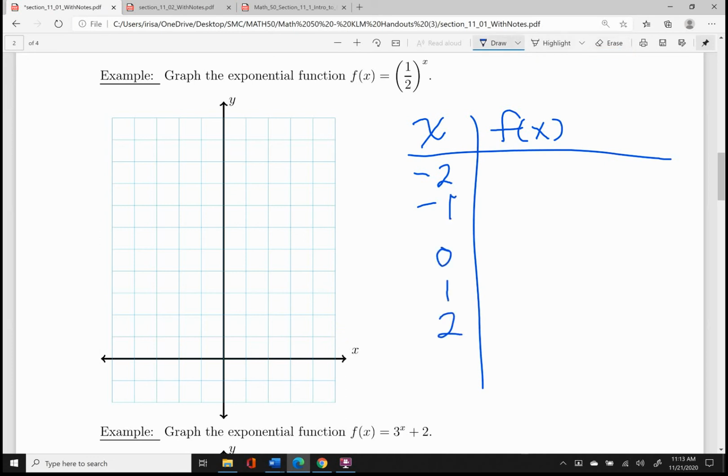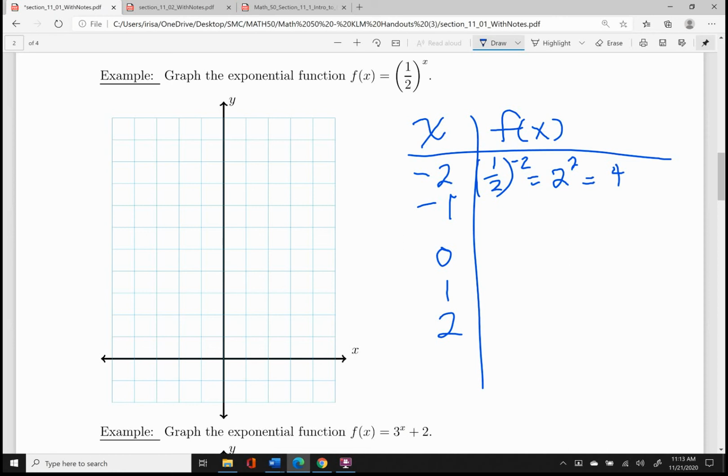And if I decide to do some more, I can choose to do that later. And that'll give me 1/2 to the -2 power. Okay, so I'm going to flip over this fraction and call it 2 to the 2nd power, because that's how you deal with a negative exponent on a fraction, just to be clear. So that'll give me an output of 4.